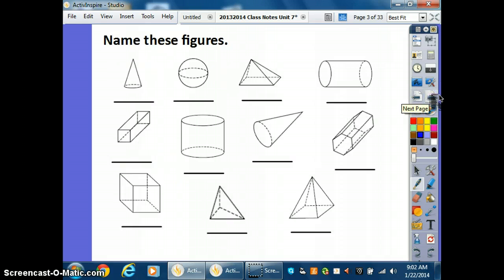First of all, I think you know the figures. I got an idea of that yesterday. So let's just write in the names of these figures. The first one is a cone. This is called a sphere. This is called a rectangular pyramid.